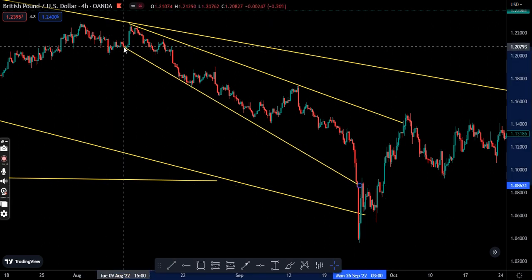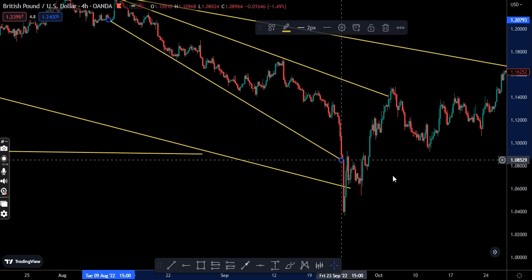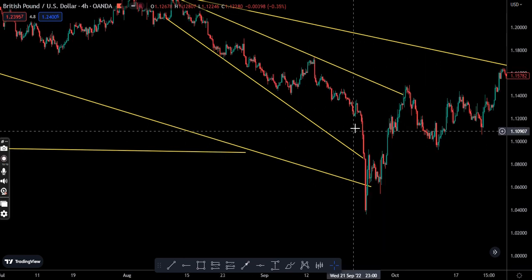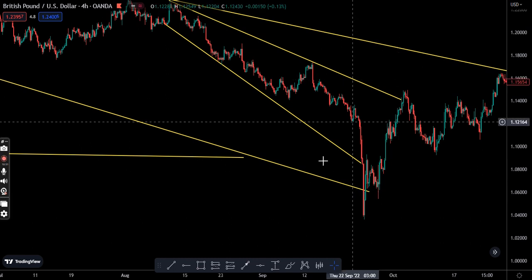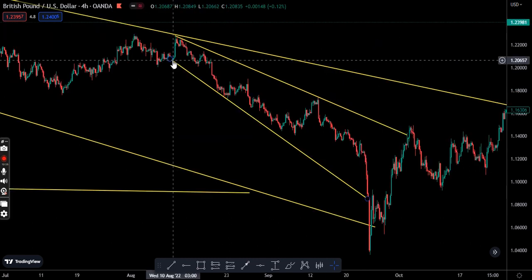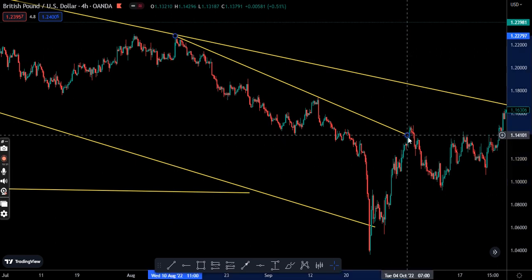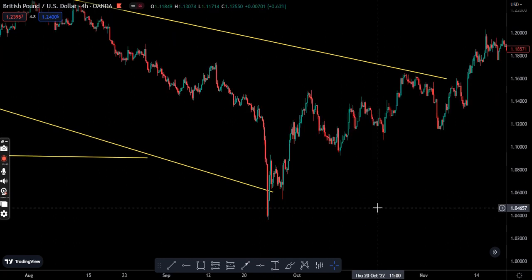Let us try to be more precise. For me, this won't qualify as a structure because we have a strong or bigger breakout of this structure here, the inner structure. So I won't regard this as a structure. On the 4 hour we didn't have the structure.